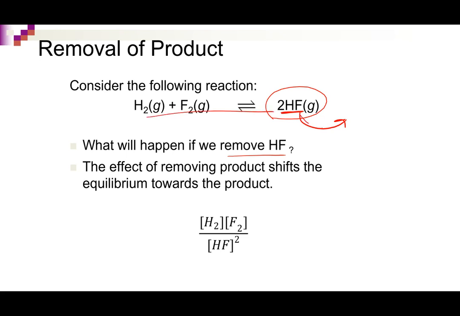So we produce it, remove it, that shifts our balance. It's going to make more. We produce it, remove it, our balance is going to shift, and then it makes more. So that could be a really quick engineering solution to making more of our product without affecting anything else. Okay.